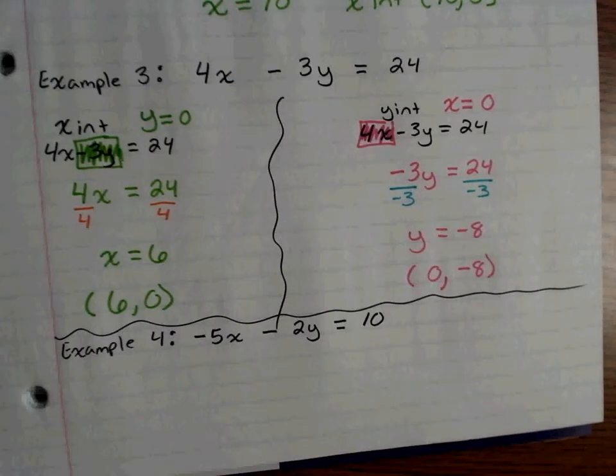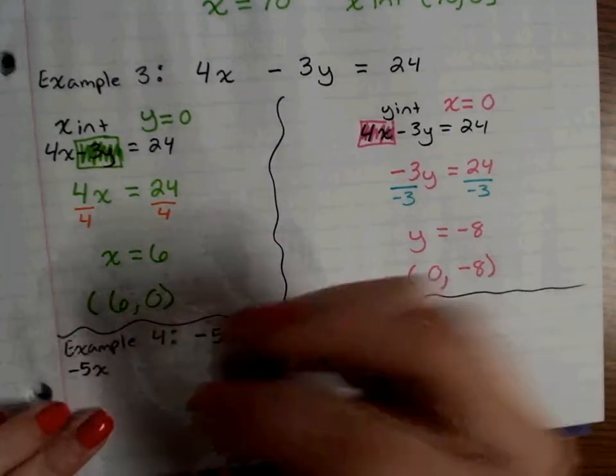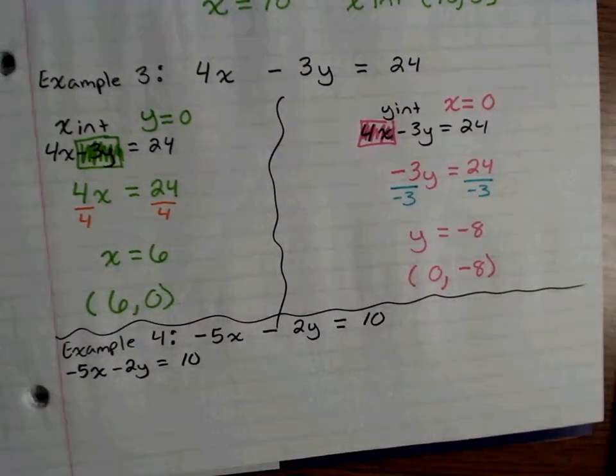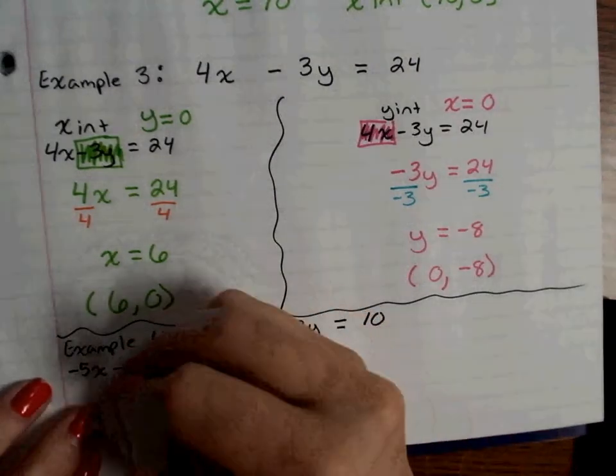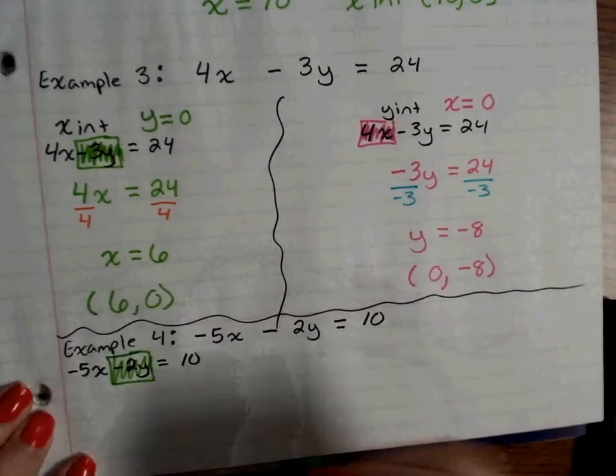All right, who can tell me what is the x-intercept going to be? Elijah? -2, 0. Very good. What about the y-intercept? Lena? 0, -5. Correct. Okay, so let's take a look at it real quickly. If we have -5x minus 2y is equal to 10, when we are solving for the x-intercept, that means y is going to disappear.